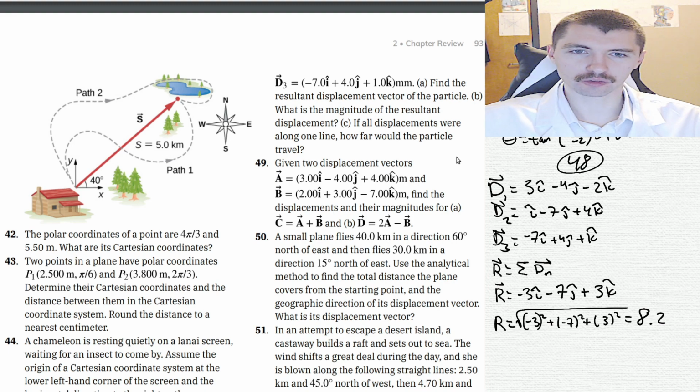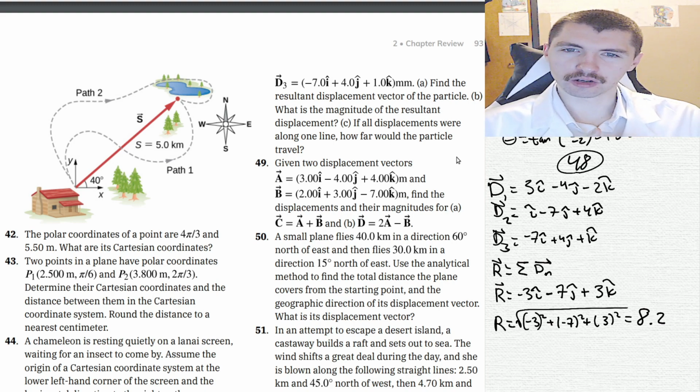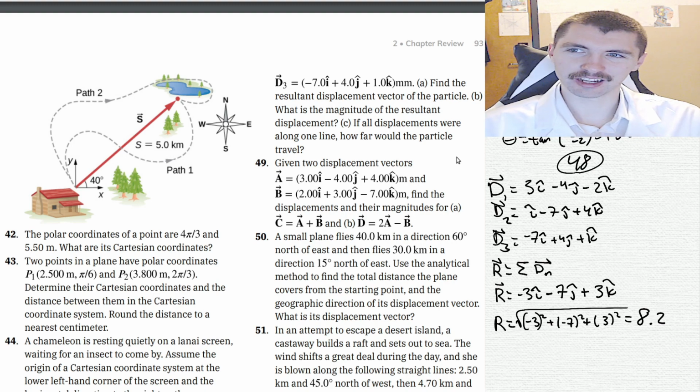They were all along one line. Displacements were all along one line. So I'm thinking it's saying take the magnitudes of each d.